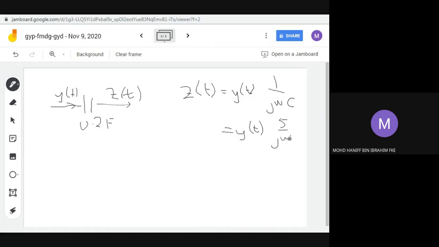Or simply you can have it in phasor form: y(t) of 5 over omega, with the angle of negative 90 degrees, or negative pi over 2.